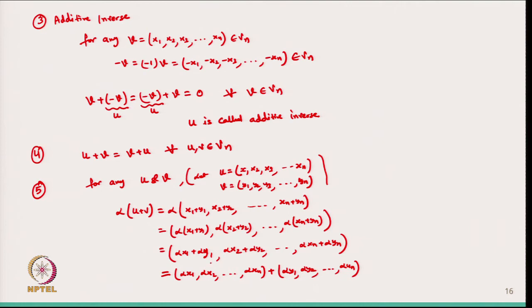So, I am just separating the vectors, because if we take the addition, we will get the same thing. This can be written as alpha x1, alpha x2, up to alpha xn, plus alpha y1, alpha y2, up to alpha yn. Now I can take alpha common, so it is alpha times x1, x2, up to xn, plus alpha times y1, y2, up to yn.